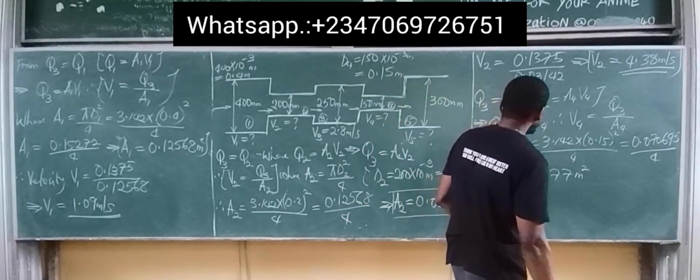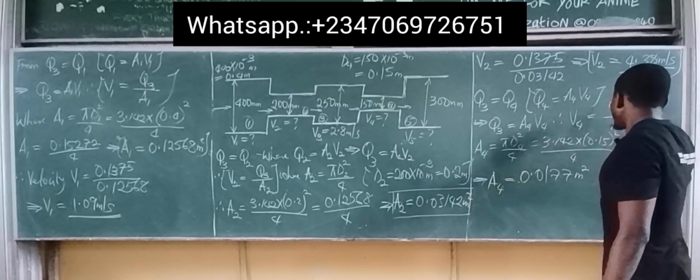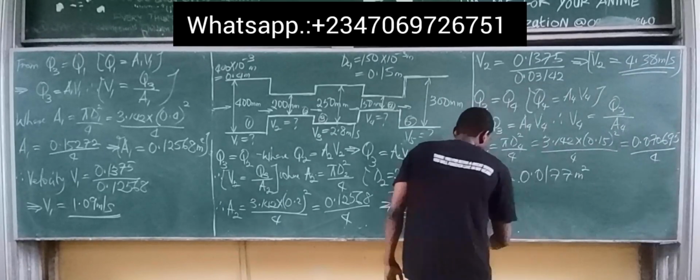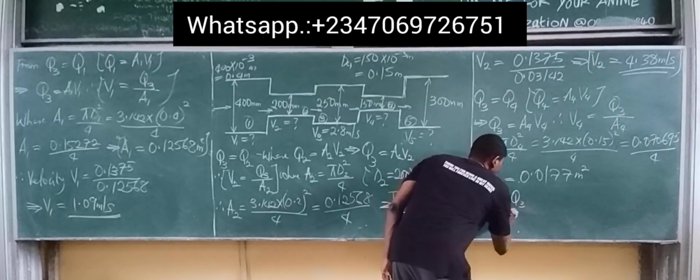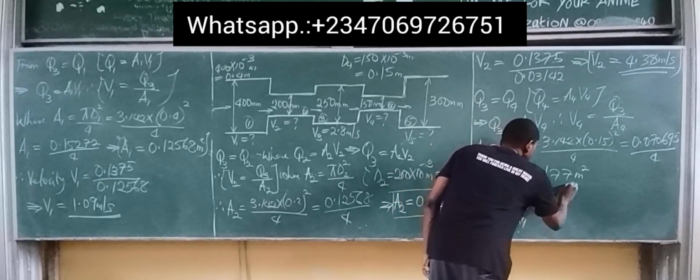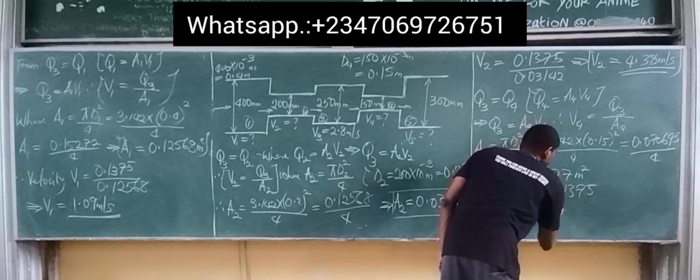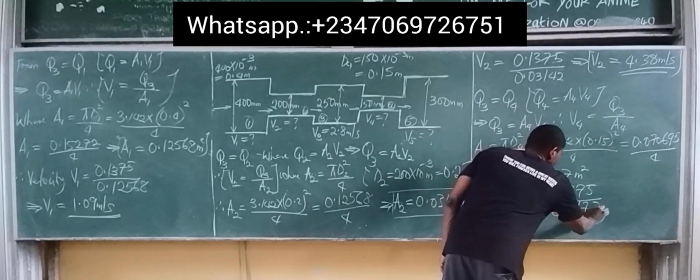And if we know this, we can now obtain the velocity in pipe 4 from this equation. V4 becomes Q3 all over A4. Therefore, V4 equals Q3 over A4, and Q3 was given as 0.1375, A4 given as 0.0177.